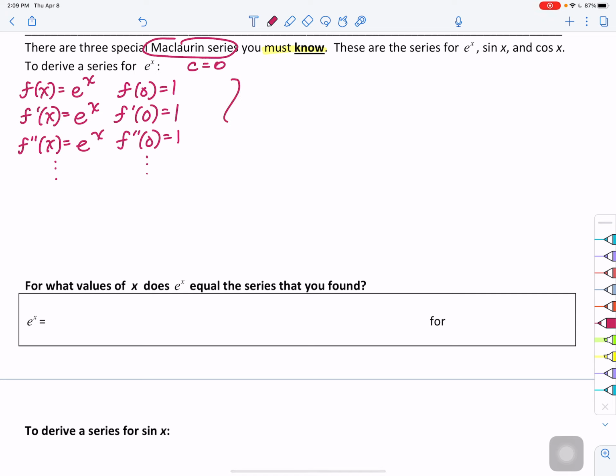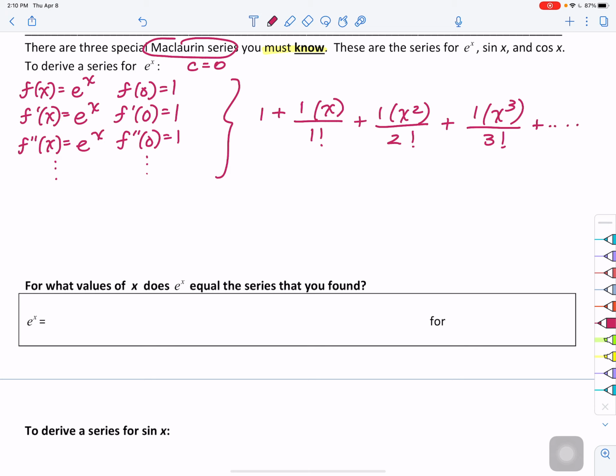So what we would have here would be 1 plus, of course, 1 times x. We can put that over 1 factorial, plus 1 times x squared over 2 factorial, plus 1 times x cubed over 3 factorial, and so on and so forth.